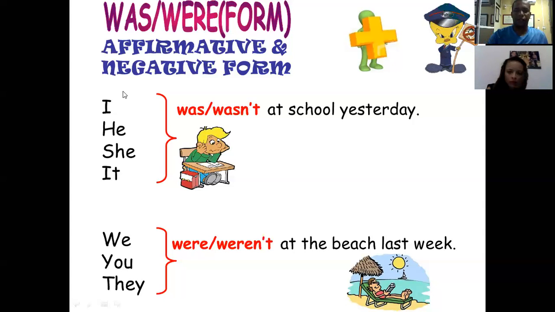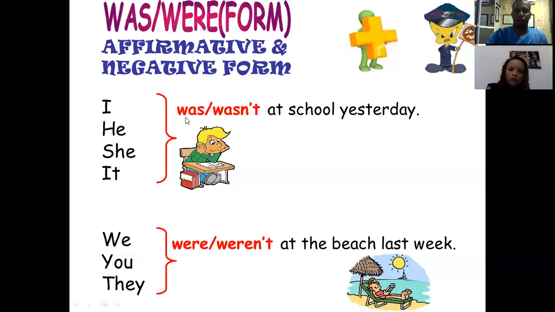Okay, in this PowerPoint, I'm explaining to you how to use the simple past with the verb to be. Le estoy explicando aquí cómo usar el pasado simple con el verbo to be. Sí, te decía que con el verbo to be usas el pasado simple de esta manera. For I, he, she, it, you must use was in positive or wasn't in negative sentences.